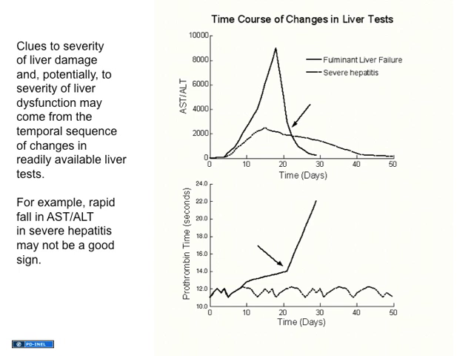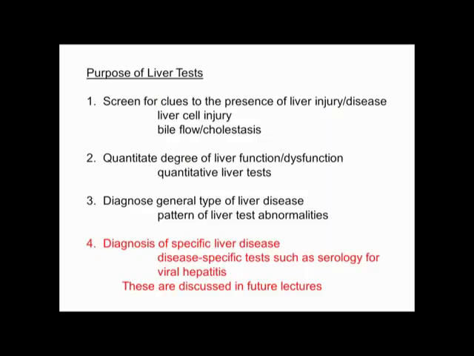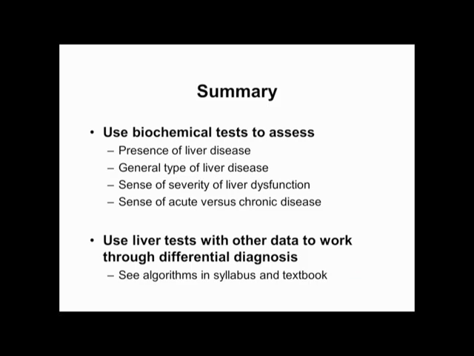In this one where they had very high levels of transaminases that rapidly fell, you've got a rapidly rising prothrombin time. That tells you you've wiped out all the liver cells, your function is very bad, this person needs a different liver. Diagnosis of specific liver diseases, we're going to talk about those in future lectures.